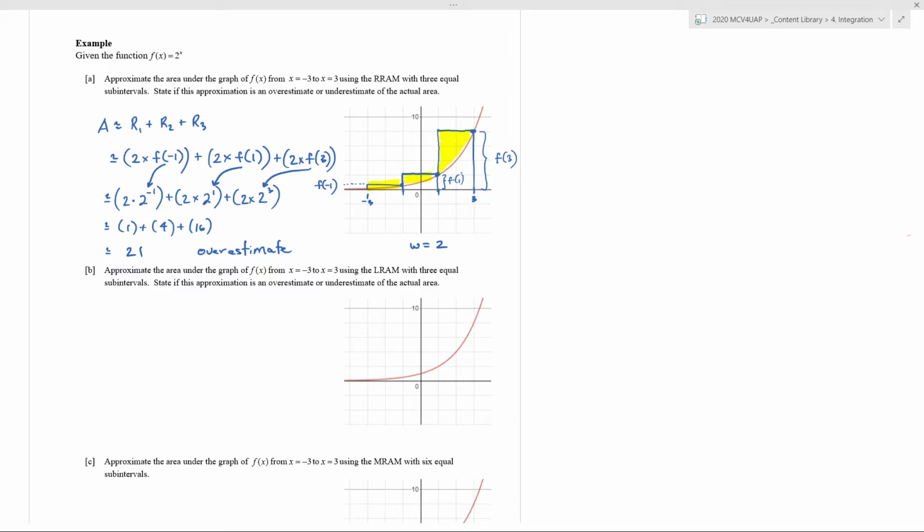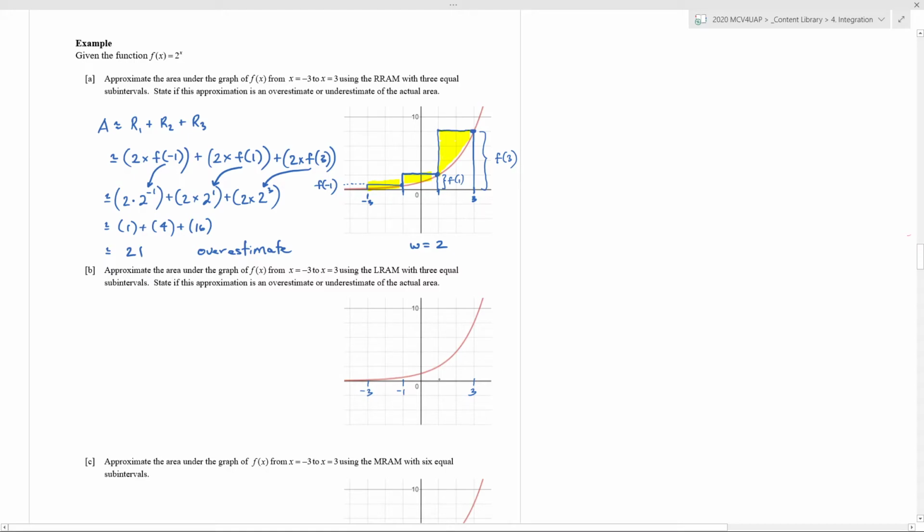Part B, now we're doing the same thing, only using LRAM. So -3 to 3, using 3 equal subintervals, means that again the widths are going to be 2.